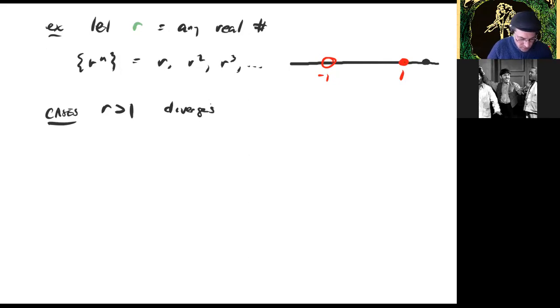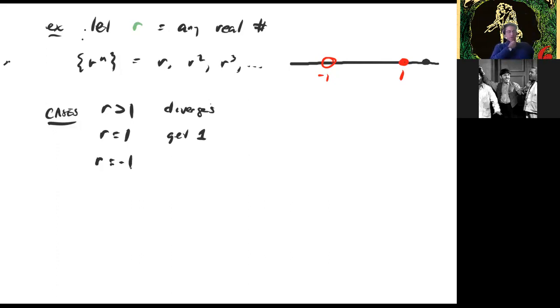What if R equals 1? Well, then you're taking powers of 1. That's a constant sequence with value 1. So the limit is 1. Now, what happens when R is actually -1?